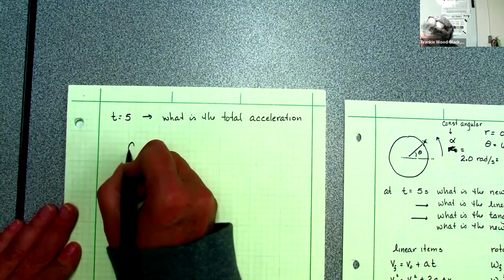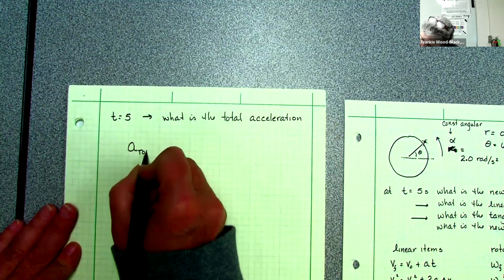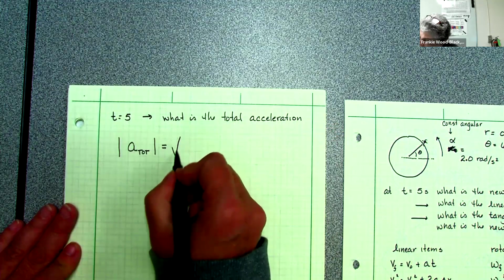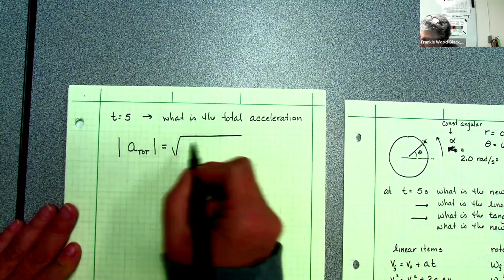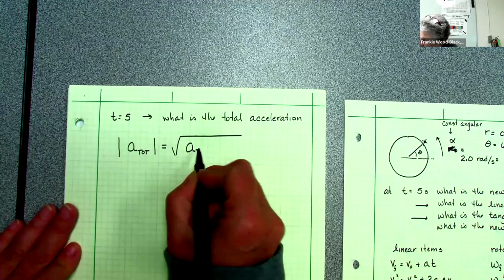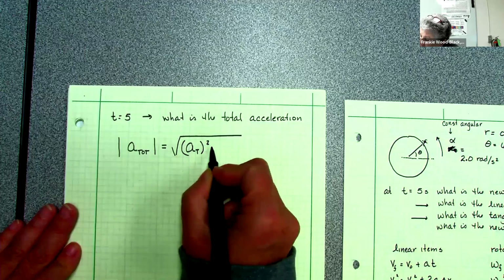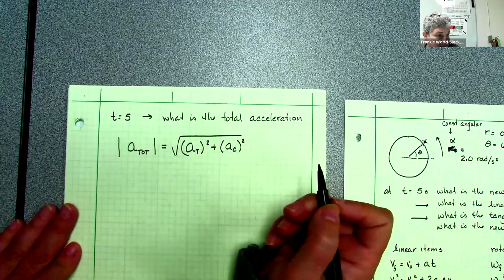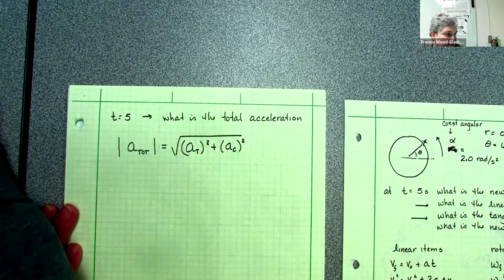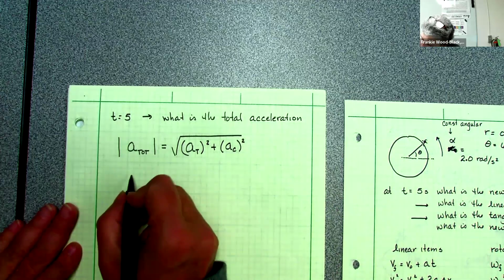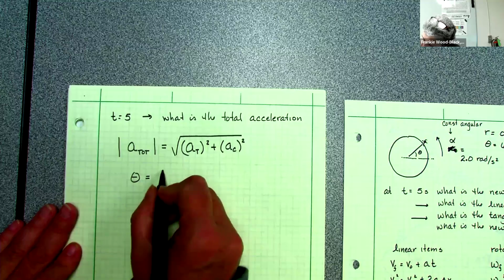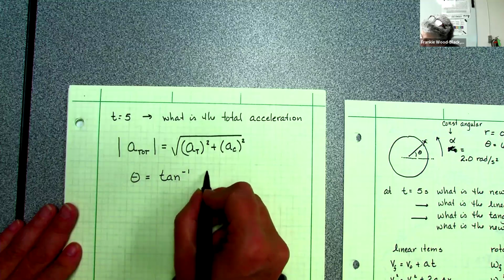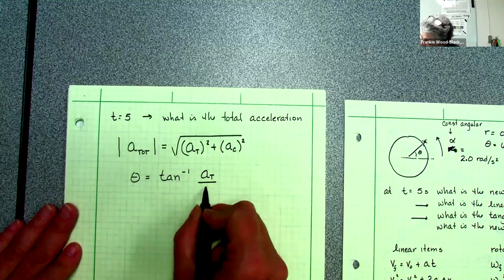Now the magnitude of the total acceleration is going to equal the square root of my tangential acceleration squared plus my centripetal acceleration squared. And the angle is going to be the arc tangent of my tangential acceleration divided by the centripetal acceleration.